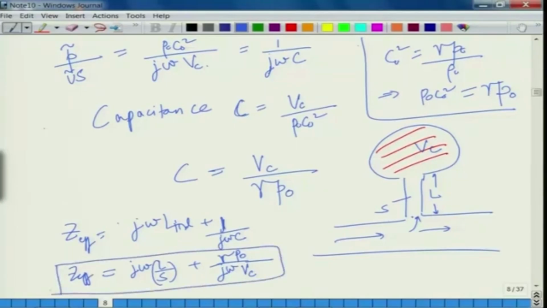This is what you are going to get. Obviously, there need to be things like end correction effects, and we can simplify this further to find the precise frequencies where the impedance will tend to 0.